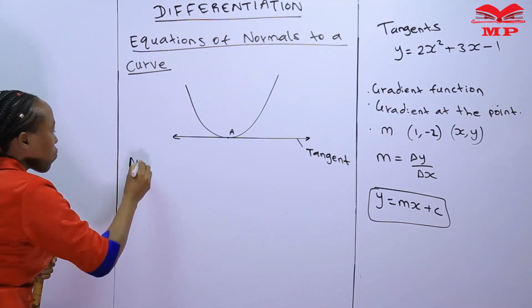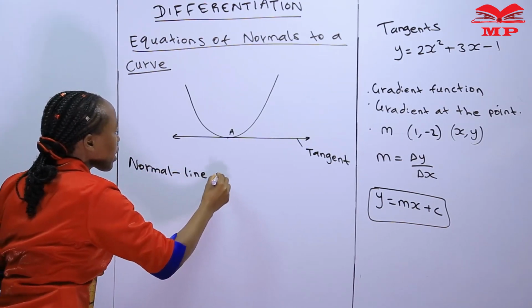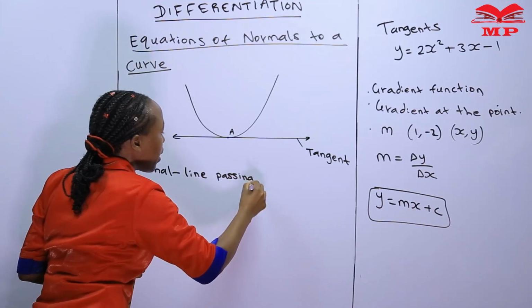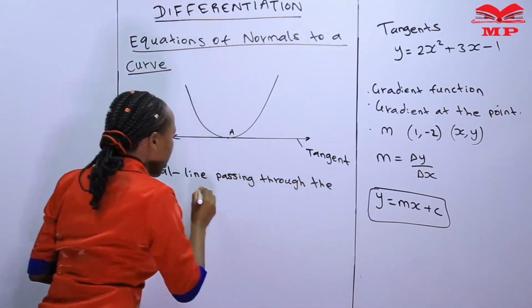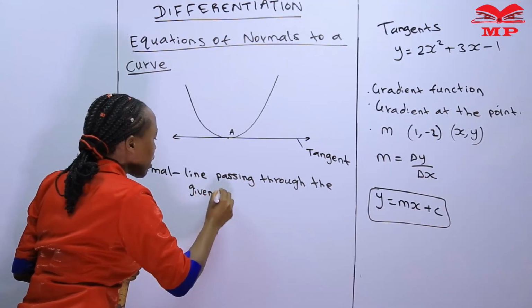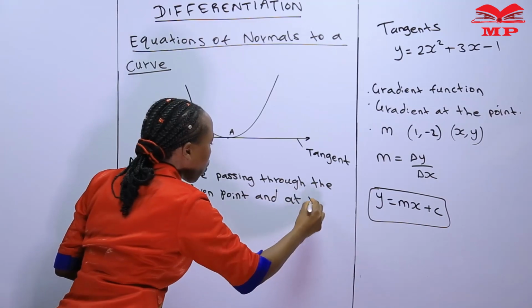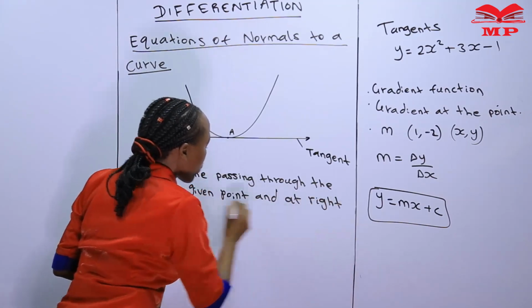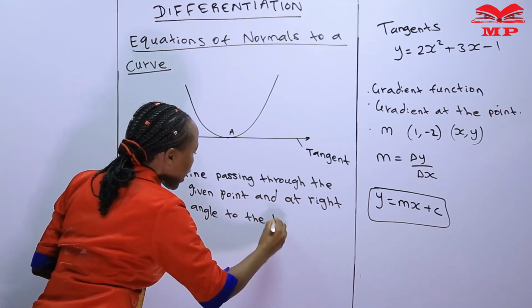So when we talk of a normal, again, it is a line passing through the given point and at right angle, or perpendicular, to the tangent.